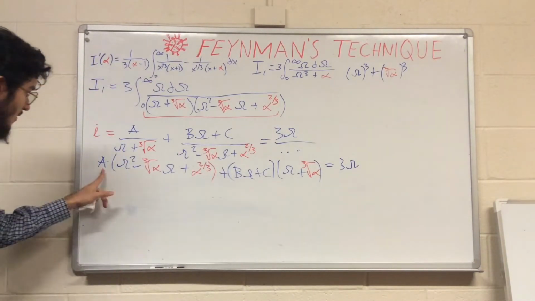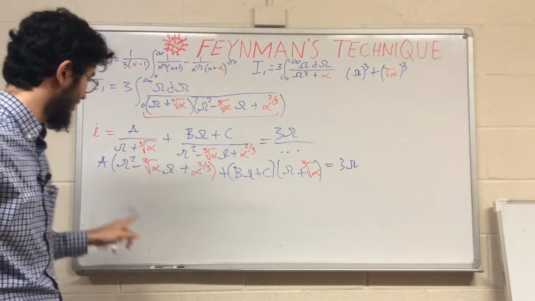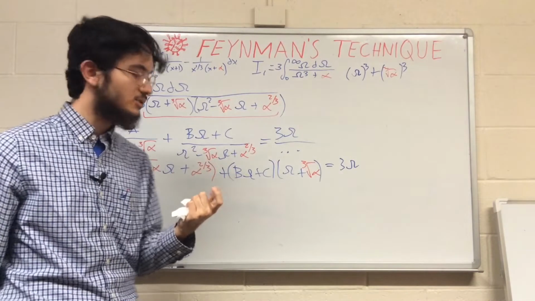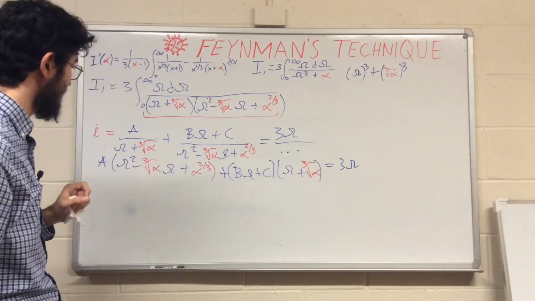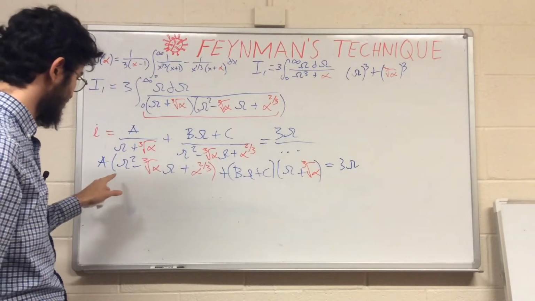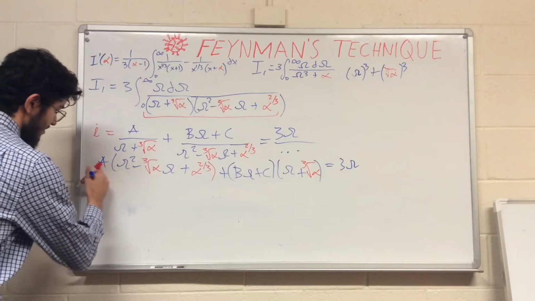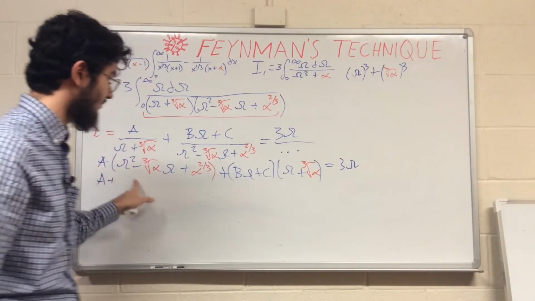So we're going to find all the terms that give a factor of omega squared. We have A, and where else can we find omega squared?